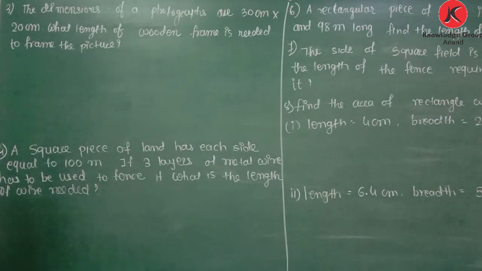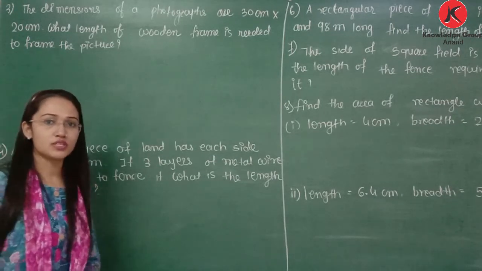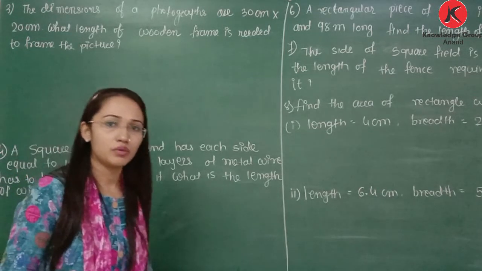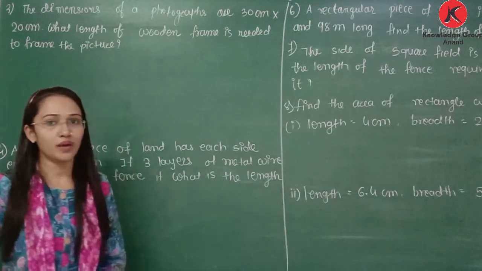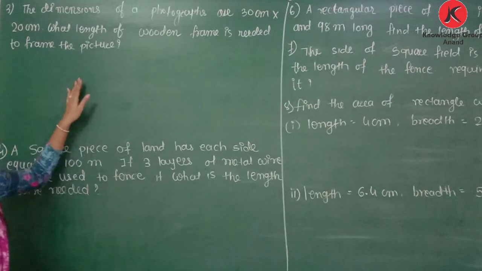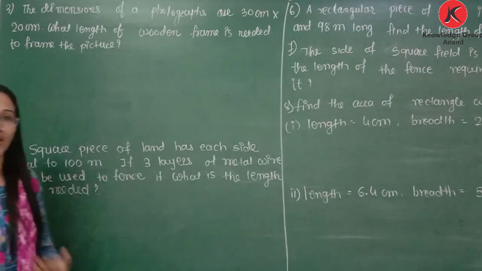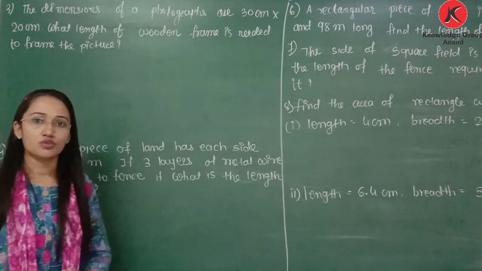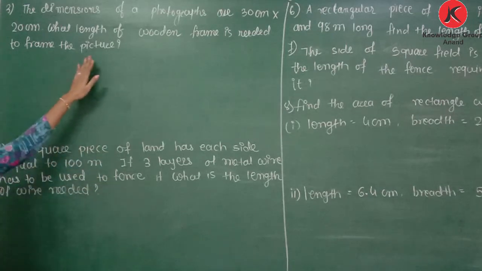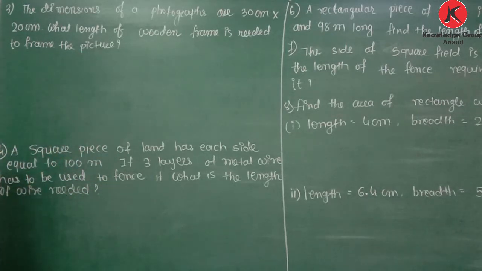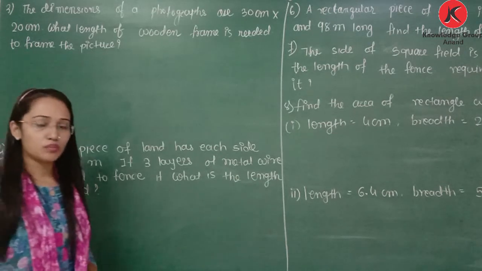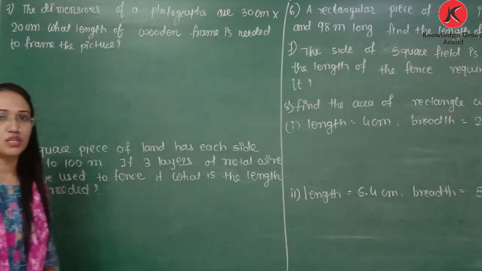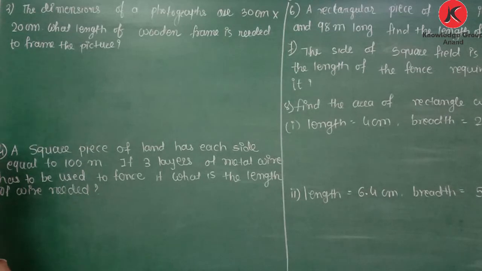So first of all, whenever the word problem is given, first decide whether you need to find perimeter or area, because sometimes in a question words like frame the picture or fencing the garden are given. So that's why you need to decide that we need to find perimeter or area. So here framing means it is covering the outer boundary and again outer boundary is perimeter. Means we need to find the perimeter of the photograph.